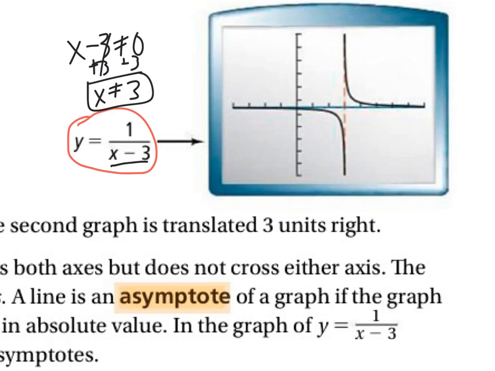Basically, this graph, notice the numerator is exactly the same. It's just a 1 in the numerator. So this graph's going to be exactly the same as the last one, except for this is going to be shifted over. Our invisible fence is going to be shifted over.